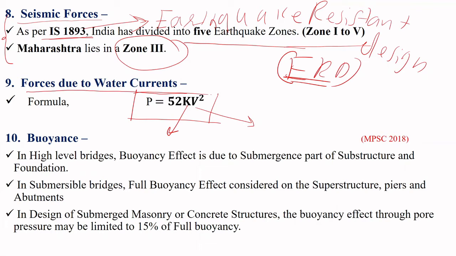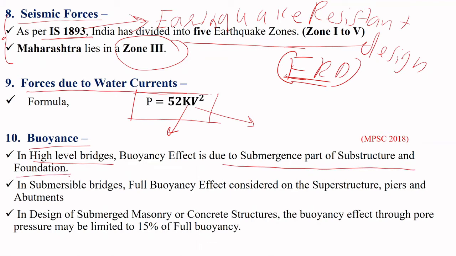Only remember the formulas. Now next is the buoyancy in high level bridges. The buoyancy effect is due to the submerged part of the substructure and the foundation.